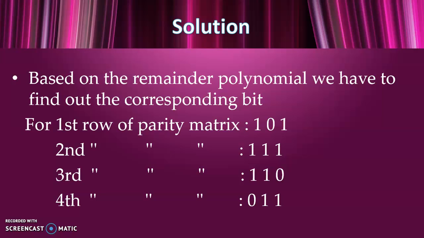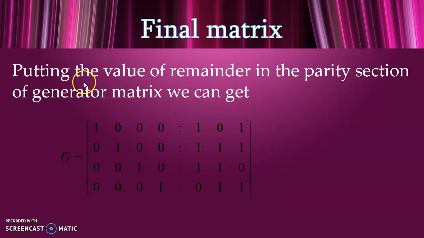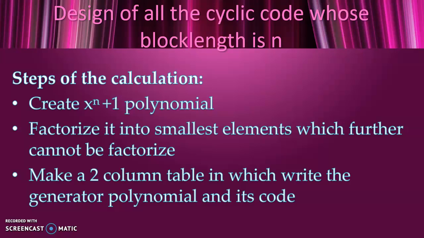So we can get the 4 rows of the parity matrix. Next, putting the values of the remainders in the parity section of the generator matrix, we get the final term. This is G equals this. So in this way, we can calculate the generator matrix for any given cyclic code if the generator polynomial is given for that code.